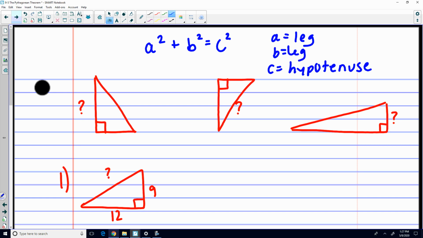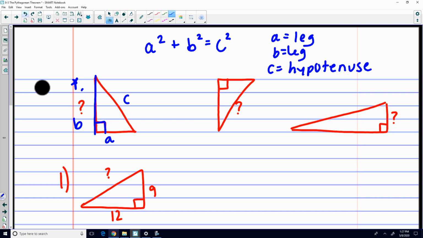On this first triangle, the side where my question mark is is a leg, because it's attached to the right angle. So this could be A, B, C, or this could be B, A, C. But note, I always put C on the hypotenuse, the angled side. It doesn't actually matter which one's A and which one's B.